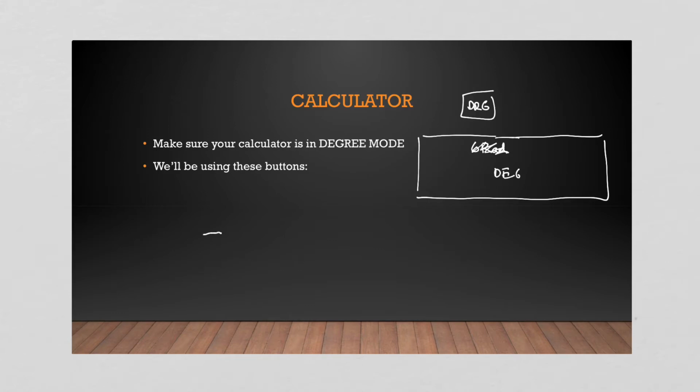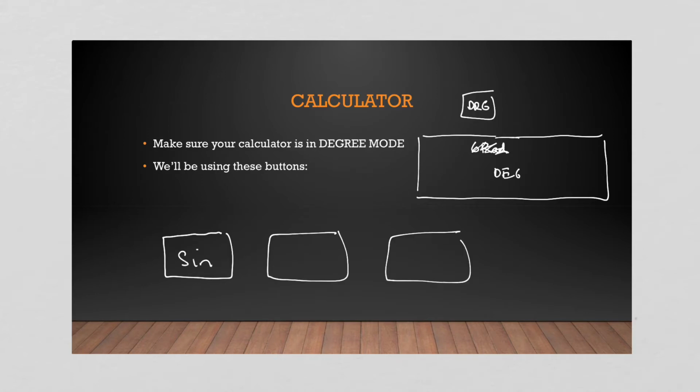As I mentioned on the previous slide, we're going to be focusing on three buttons primarily on your calculator: your sine button, your tan button, and your cosine button. But in order to get to sine inverse, tan inverse, and cos inverse, you'll probably have a second F button, which means your second function.